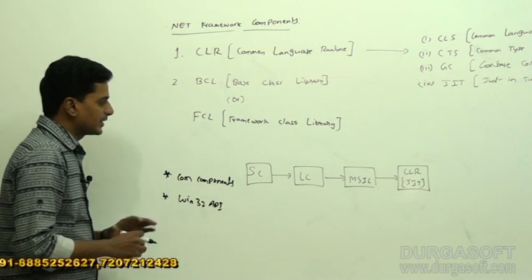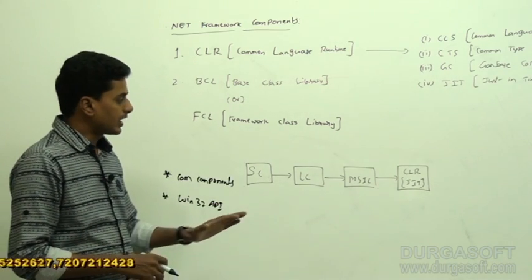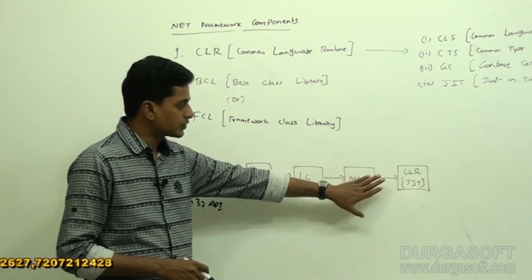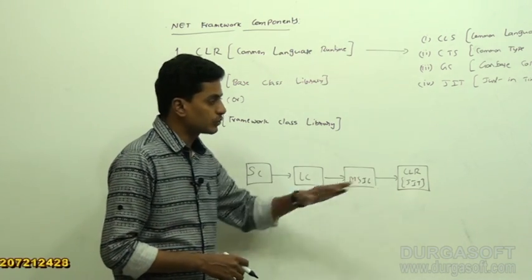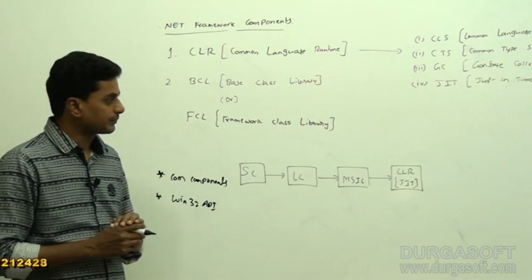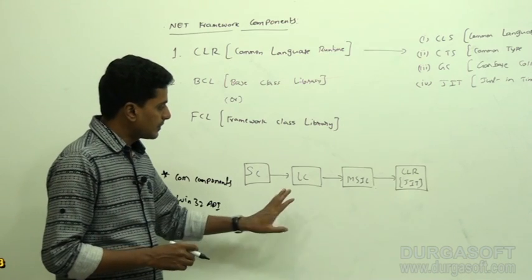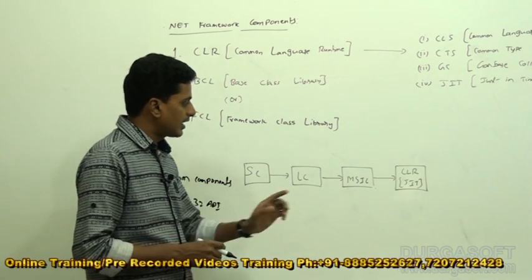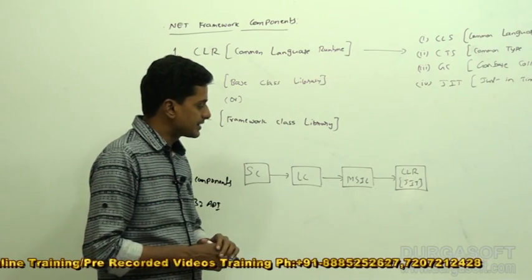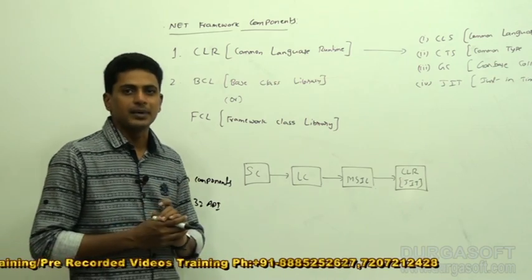These programming languages will not generate MSIL, and will not be managed by Common Language Runtime. Rather, they are transferred to the operating system, which manages them. So this type of code we call unmanaged code: the code which does not generate MSIL and is not managed by CLR, but is managed by the operating system.